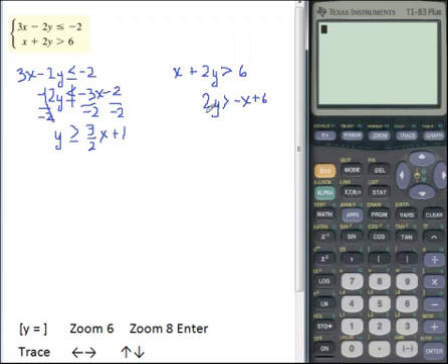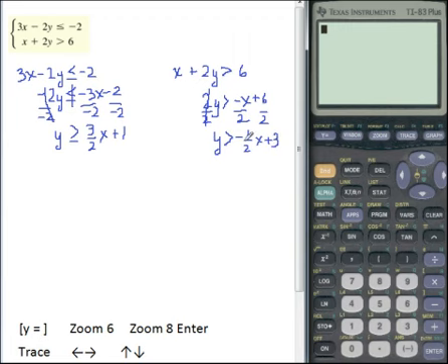And then divide by 2 everywhere. And you get, the 2's cancel here, and you'll get y is greater than negative 1/2 x plus 3.